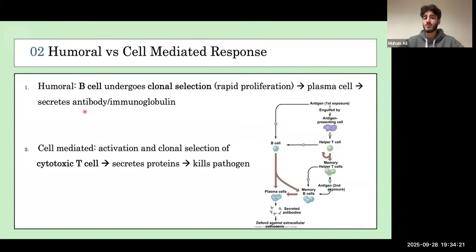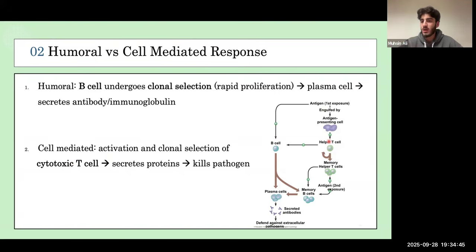So this was for your humoral response. Then you have your cell-mediated response, which is your T cell. Cell-mediated response is done by your T cells. Your humoral response is done by your B cells. It's the same idea for cell-mediated. It's just the difference of the cells. Again, you have the antigen being presented by the antigen-presenting cell, your APC, to the T cell. The T cell is going to become activated by the binding of the antigen.